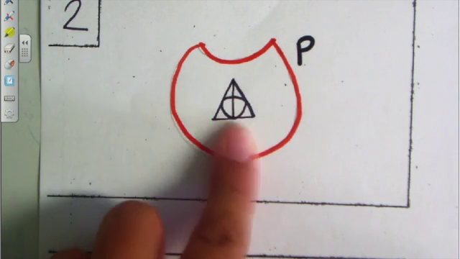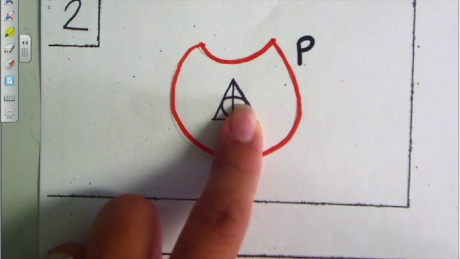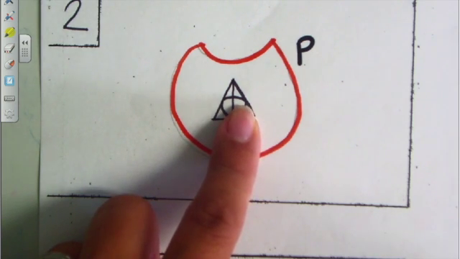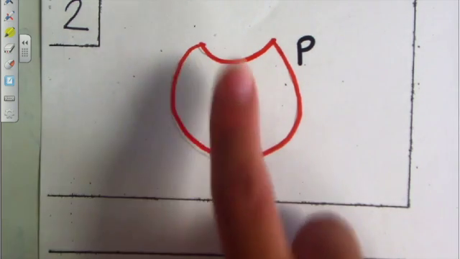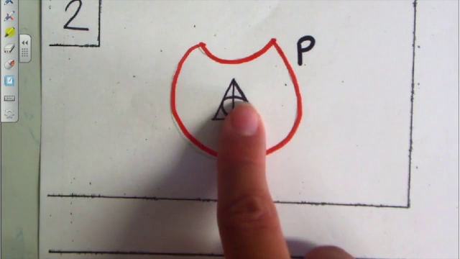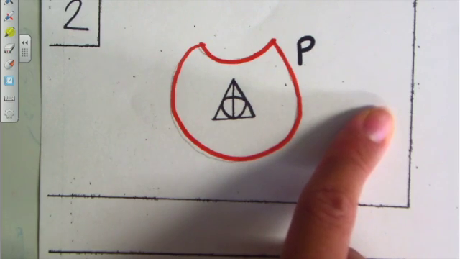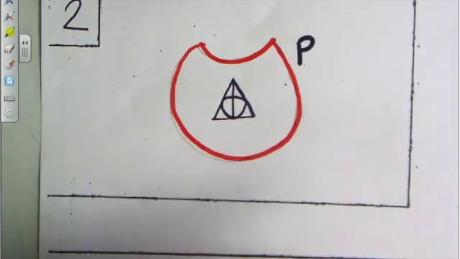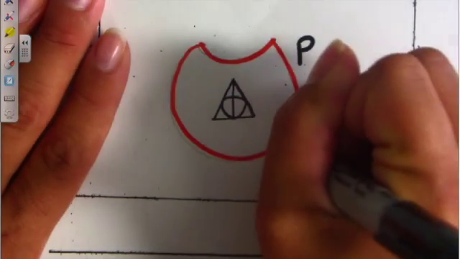Do you remember what I did? It's a stencil, right? So I'm going to write stencil. Let's look for that first sound. Stencil. What letter makes S? S. So I'm going to start it right here and put stencil.